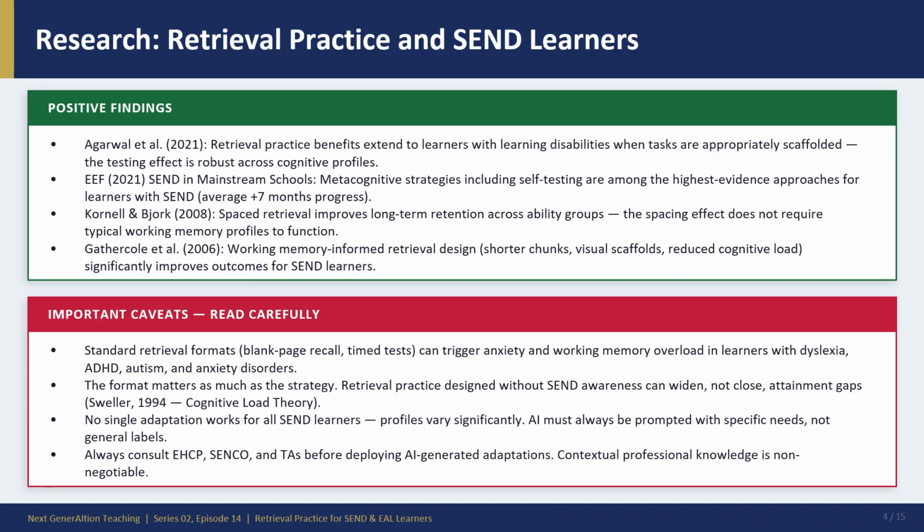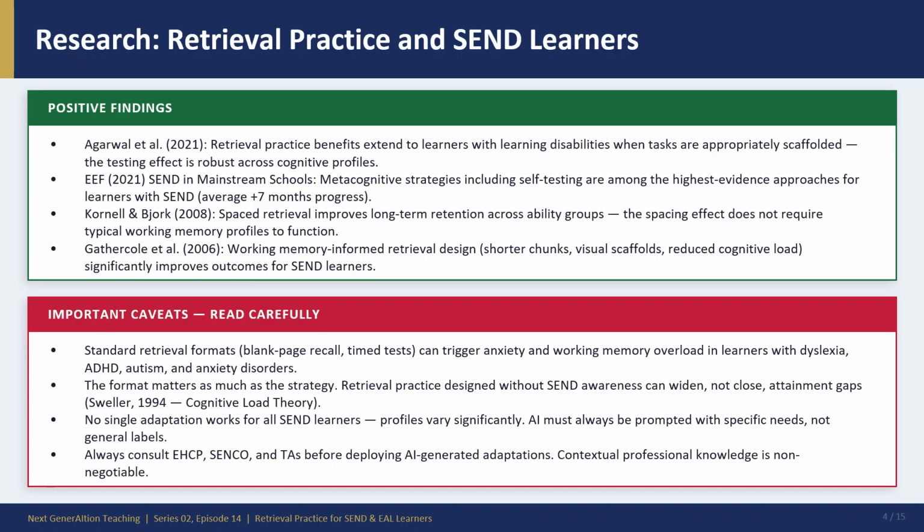match the learner's profile. The Education Endowment Foundation's 2021 guidance on SEND in mainstream schools rates metacognitive strategies, including self-testing, amongst the highest evidence approaches for SEND learners, with an average effect size equivalent to 7 months of additional progress. That is substantial.